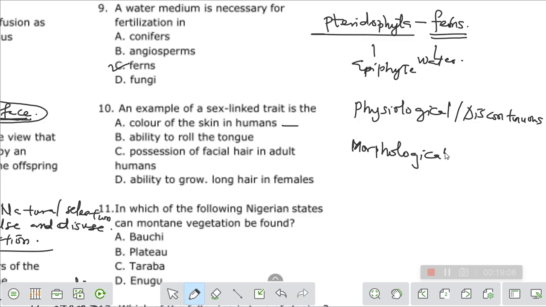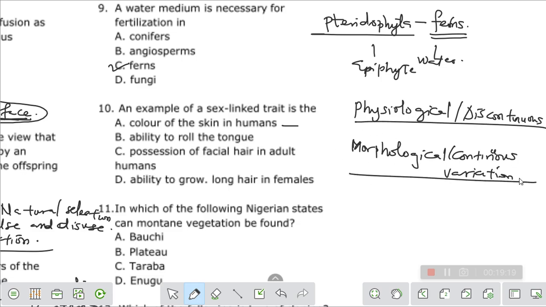I told you morphological variation is things we can see, like height. I think I also told you that physiological variation is just like they are sex-linked. Some of them are sex-linked, if I can still remember.